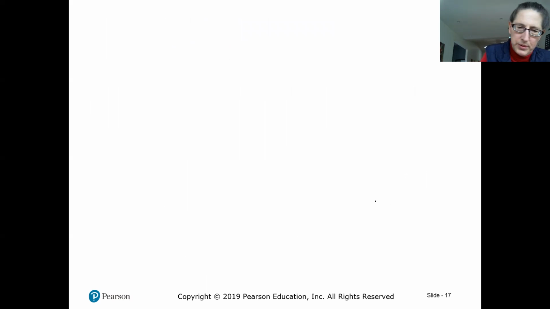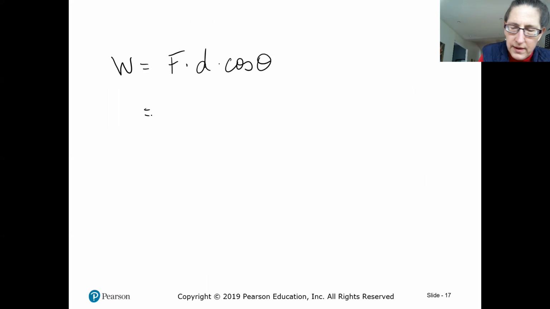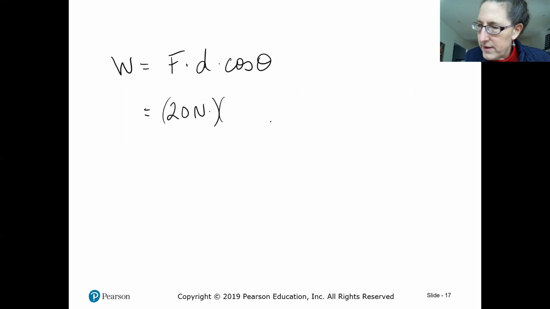So we just use the formula that work is force times distance times the cosine of theta. The force on that strap, they said, was 20 newtons. The distance is just the total distance along the floor that it moves, and that distance was 120 meters.